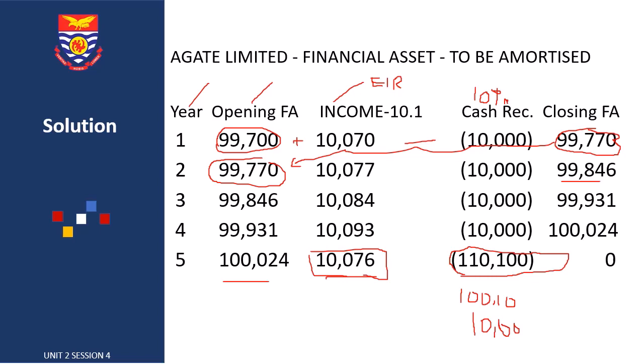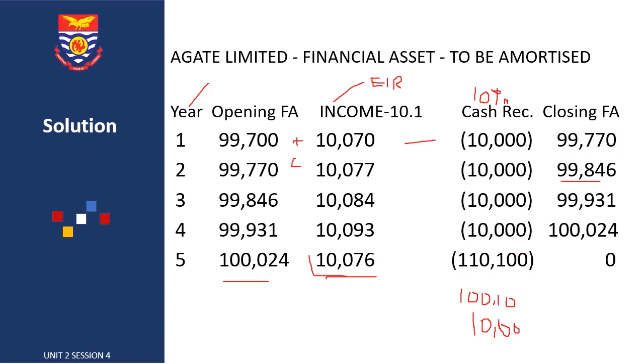Now, you might be asked to present an extract. We want to look at the figures you are going to make use of in the financial statement. When you are preparing the amortization schedule, we are looking for items that have to go to profit or loss account and items that have to go to your statement of financial position.